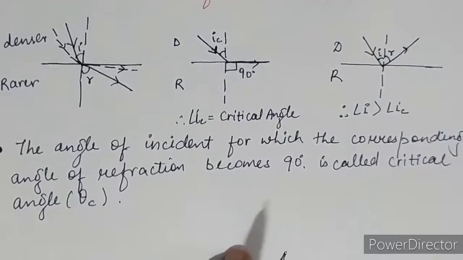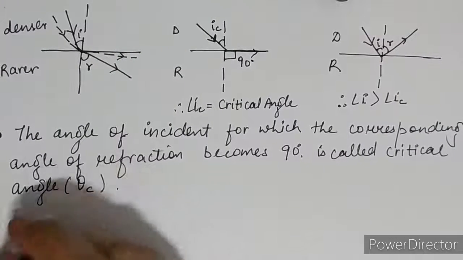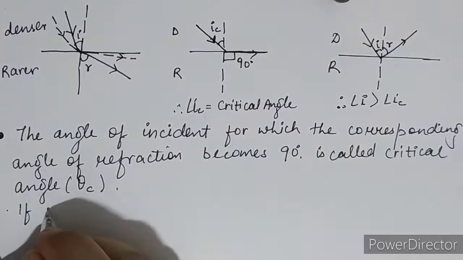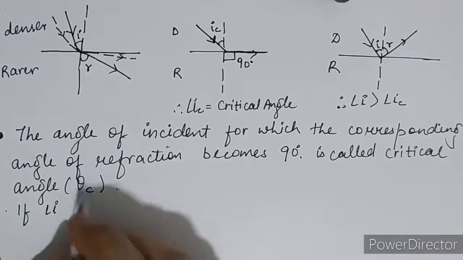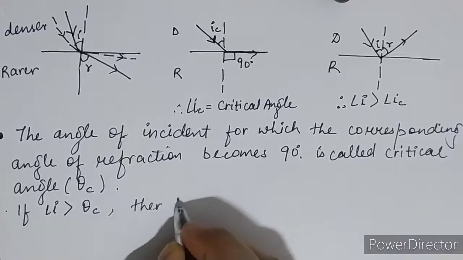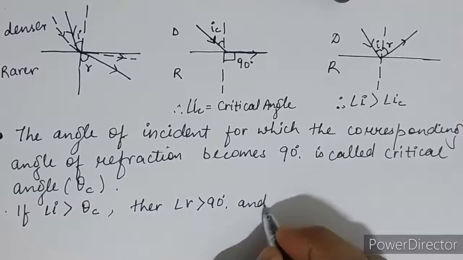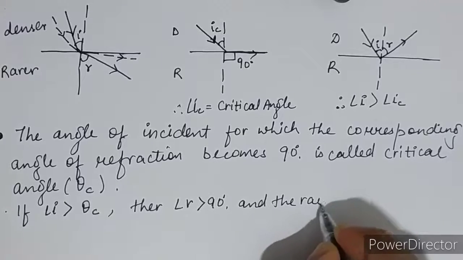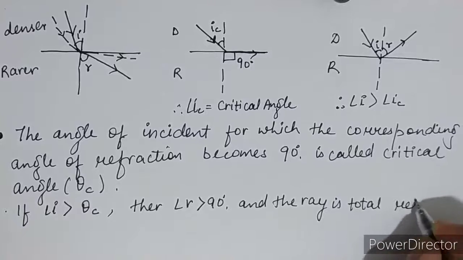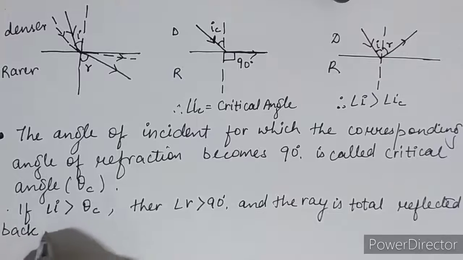Next definition: if the angle of incidence is greater than the critical angle, then the angle of refraction is more than 90 degrees and the ray is totally reflected back.